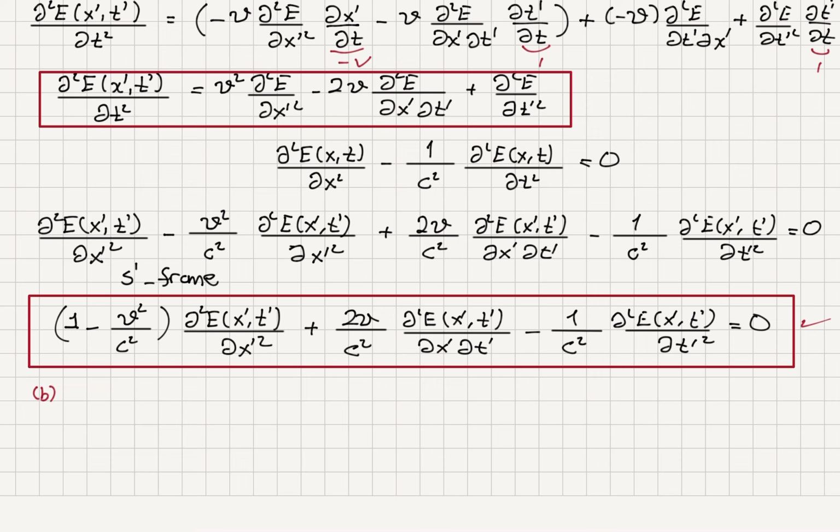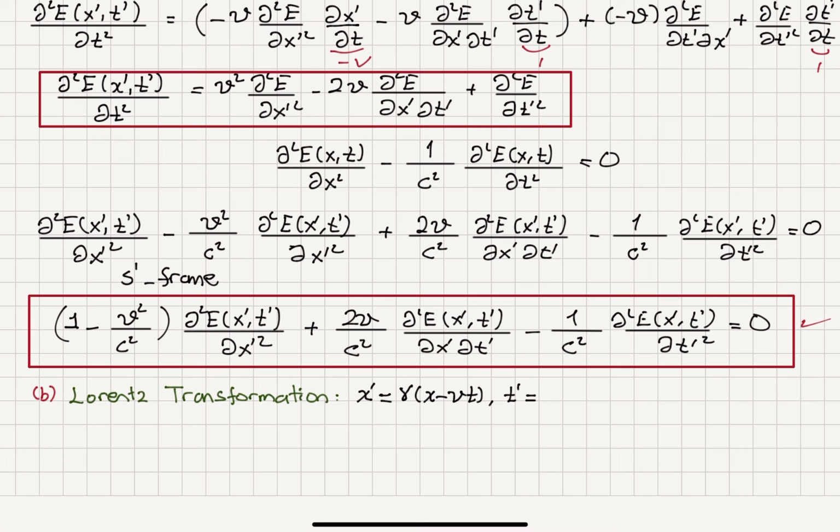So for the Lorentz transformation, we have x prime, which was x minus vt, now equal to the relativistic correction factor gamma times (x minus vt), and the time t prime, which was equal to t, is instead now equal to t minus xv divided by c squared, multiplied with the relativistic correction factor gamma.